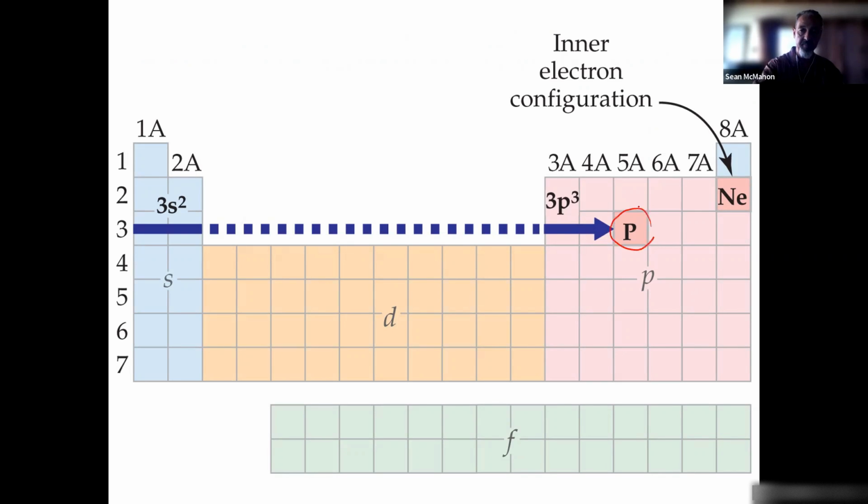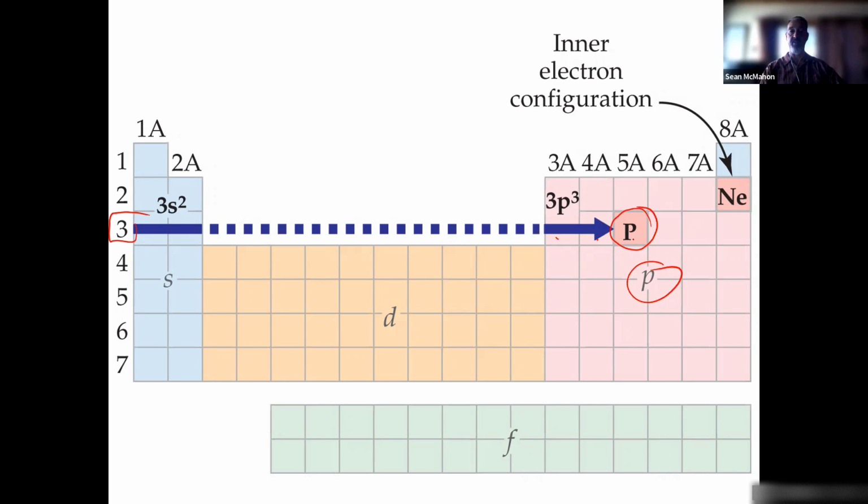It's in the 3rd energy level. So the elemental symbol is in the 3rd energy level. It's in my P block, and it's in the position 1, 2, 3. So that means I have 3p3 filled and everything below it, because the 3p3 is the furthest one away from the nucleus. So everything below it is filled.